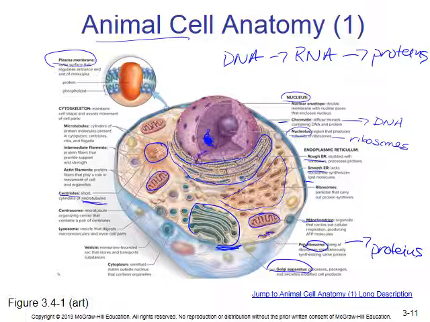My DNA is going to be copied into RNA. My RNA is going to be read by the ribosomes, and I'm going to put out a protein product. And then that protein is going to be put in a vesicle, and it's going to be sent to the Golgi apparatus, which is going to tag the protein and fold the protein. And then we can transport that protein within the cell or outside of the cell.